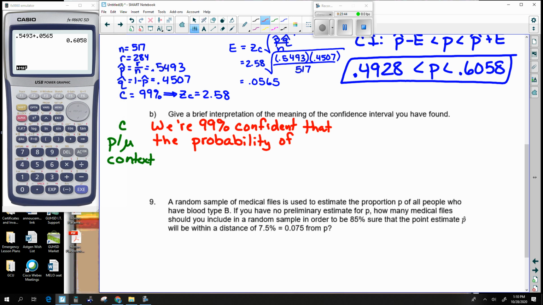So that would be a judge being an introvert. And then go ahead and give the confidence interval. Notice how the P is in between.